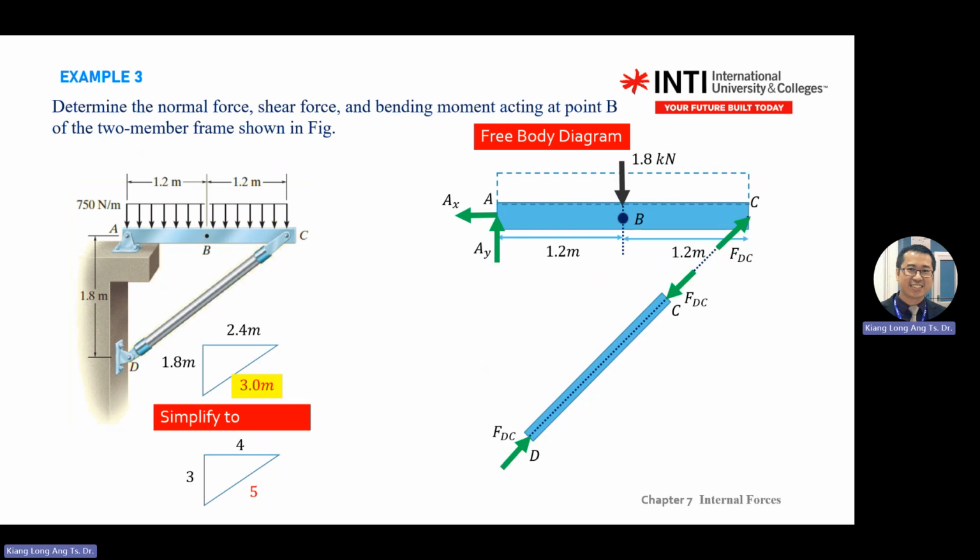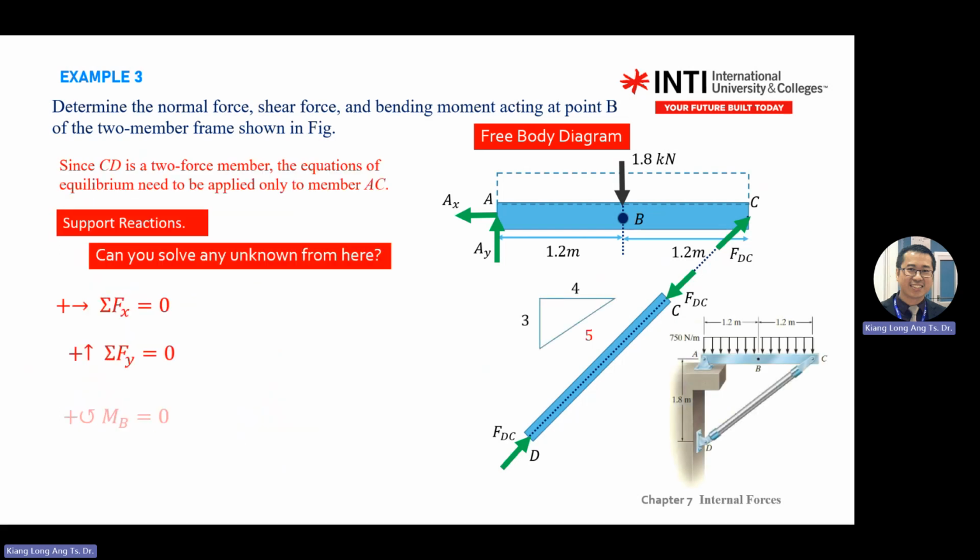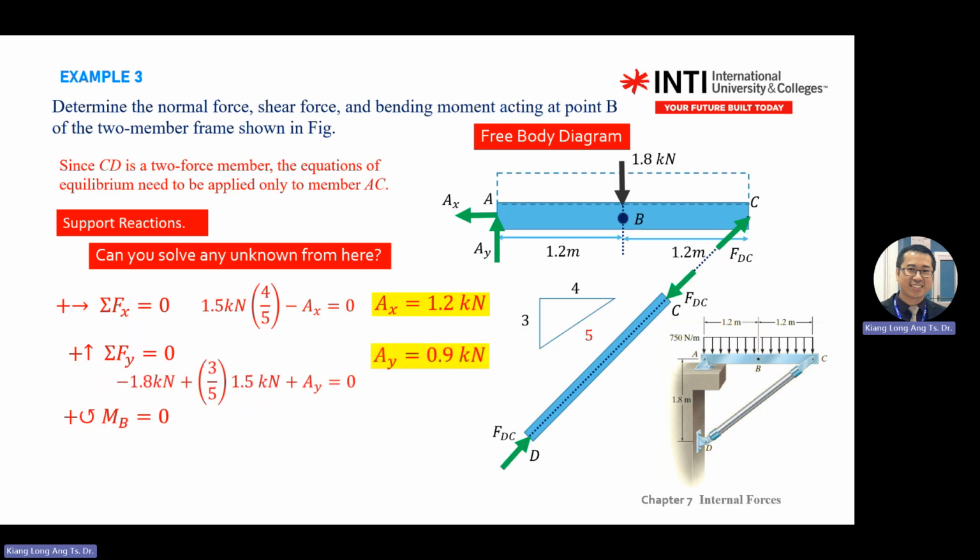Okay. Who don't know how to calculate 1.8 kilonewton? Who don't understand how to get 1.8? Who don't know how to convert this 750 into 1.8? Okay, then you solve. You still use sum of all the force equals 0, sum of all the moment equals 0.